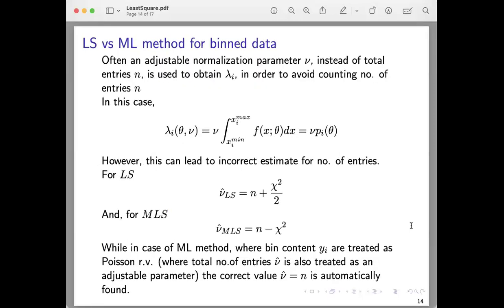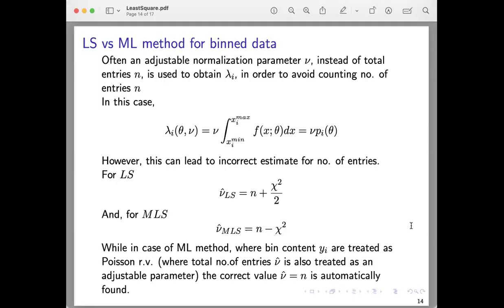Now, before going to the goodness of fit, I want to discuss a little bit the advantages and disadvantages of the least square fit and the maximum likelihood fit, and which one you should usually prefer.